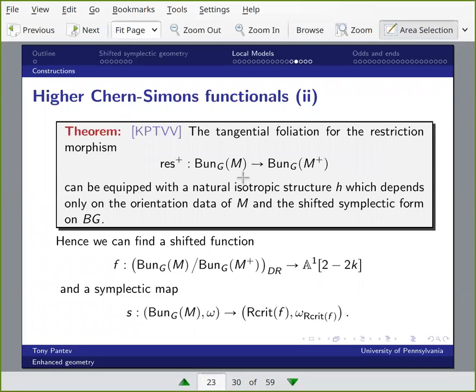For Calabi-Yau threefolds, you have the holomorphic Chern-Simons functional, which realizes them as a critical locus. You can ask whether that makes sense in general, or whether the holomorphic Chern-Simons functional corresponds to some foliation on the moduli. I do not know the answer to that question. I expect it to be true. I expect that there is a foliation, some analog of this construction. But I don't know how to do it.